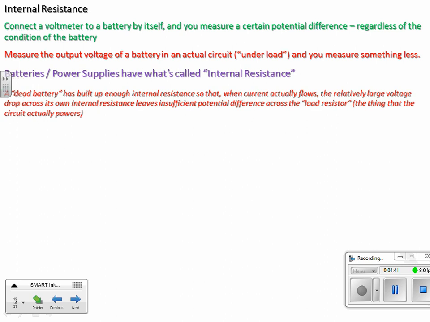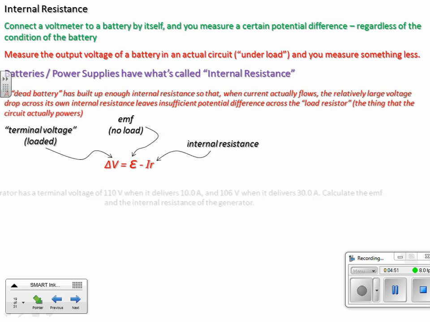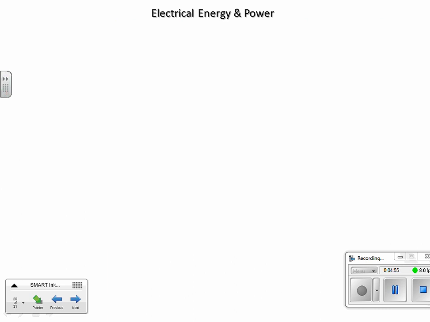So a dead battery, here's the deal. Let me put all this up here. Forget that this says energy and power. Just assume this is a blank page and I'm taking some extra notes. So when we draw a battery, or a cell, we have a load here.